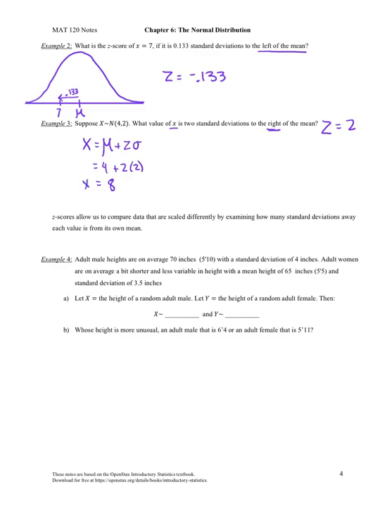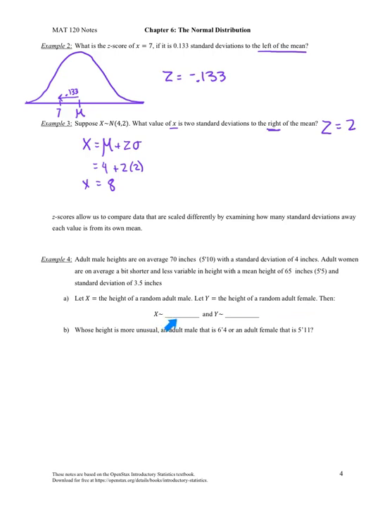Moving on to example 4, where we have adult male heights with an average of 70 inches and a standard deviation of 4 inches. And then we have adult women with an average height of 65 inches and a standard deviation of 3.5 inches. For letter A, we're asked to let x equal the height of a random adult male and y equal the height of a random adult female.